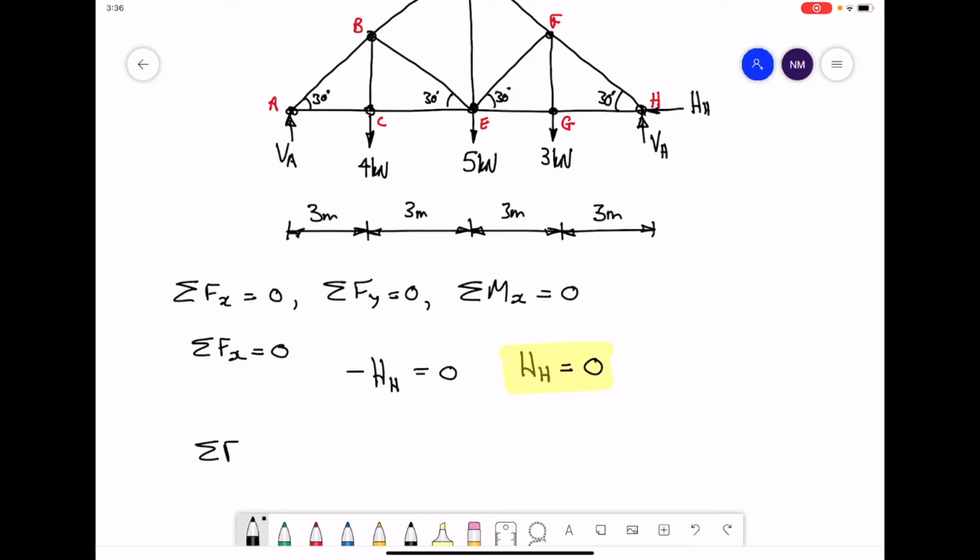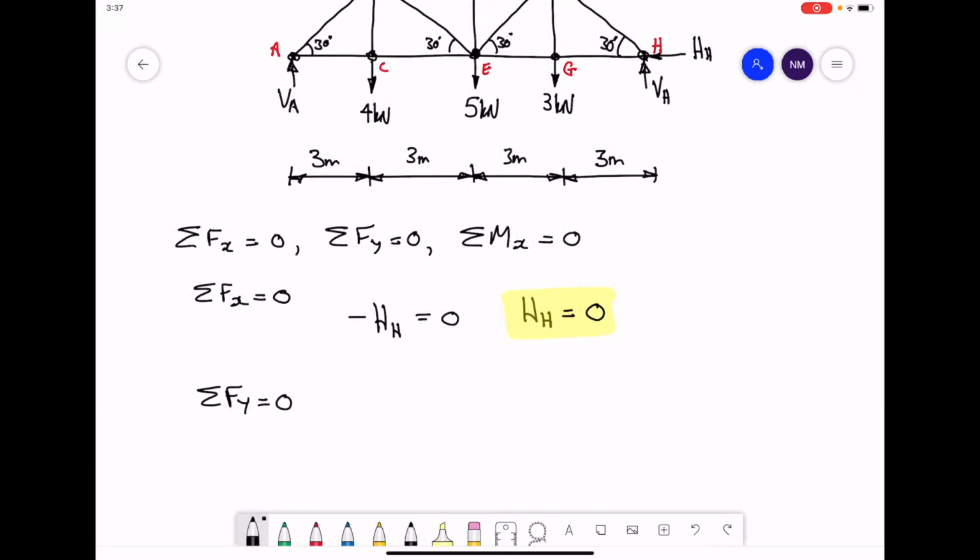Now looking at forces in the y direction, we have 3 applied loads, the 4 kilonewtons, the 5 kilonewtons and the 3 kilonewtons, with 2 reactions applied in the opposite direction. So writing down our equilibrium equation for the vertical forces, we have plus VA minus 4 minus 5 minus 3 plus VH equal to 0.